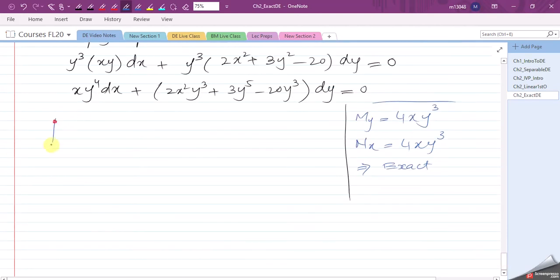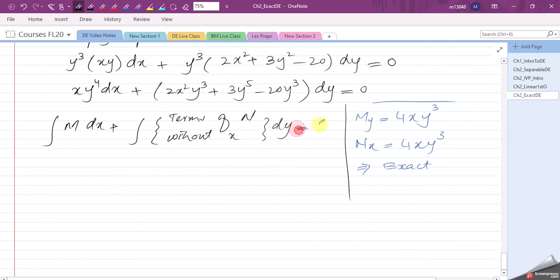So now we can use the formula. Integral of M dx plus integral of terms of N without x dy equals constant. So M is xy⁴ dx. The term with x, we don't take this one. 3y⁵, yes, we can take that one because there is no x in this term.